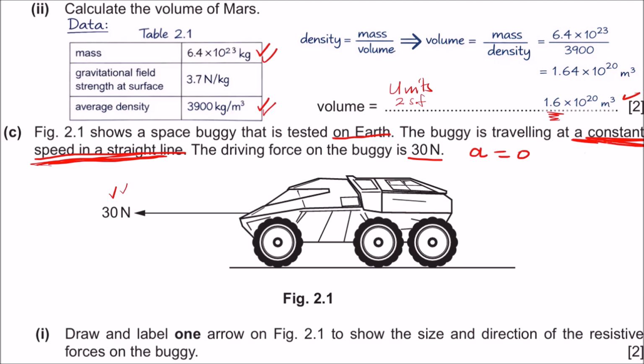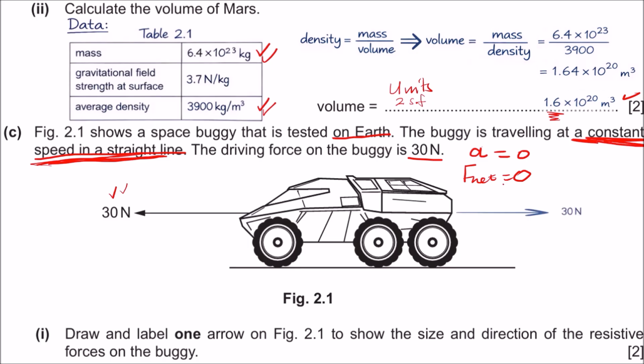Since velocity is not changing, the rate of change of velocity is zero, meaning acceleration is zero. And according to Newton's second law, if acceleration is zero, the net force is also zero. And if the net force is zero, the driving force and the resistive forces are balanced.